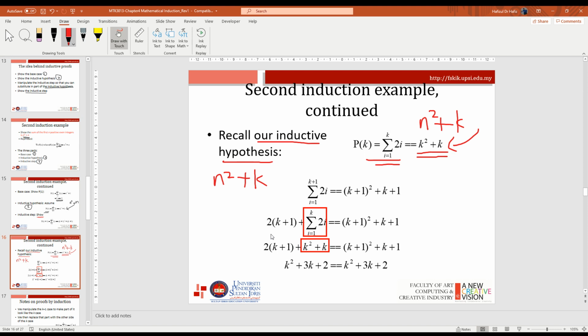And then we have 2(k plus 1) plus the sum of 2i up to k, where i starts from 1. Then 2(k plus 1) plus k power of 2. We replace k power of 2 plus k. And then we total up 2k plus 2 plus k is equivalent to 3k plus 2, and then k power of 2. We open up. Okay, we have k power of 2 plus 3k plus 2, which is the same.